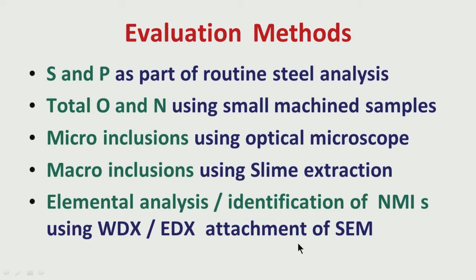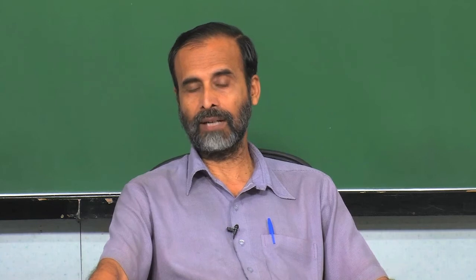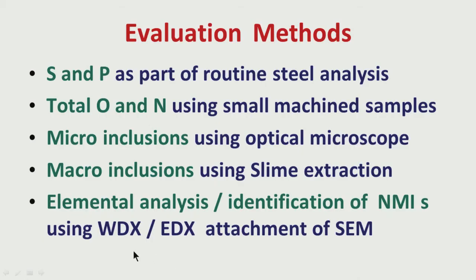This technique has been used extensively in recent years to identify the type of elements, and from that we can find out what are the constituents. Like if we know that calcium is present, oxygen is present, we know it is calcium oxide. If we know fluorine is present, calcium is present, and to what extent they are present, we know it is calcium fluoride.